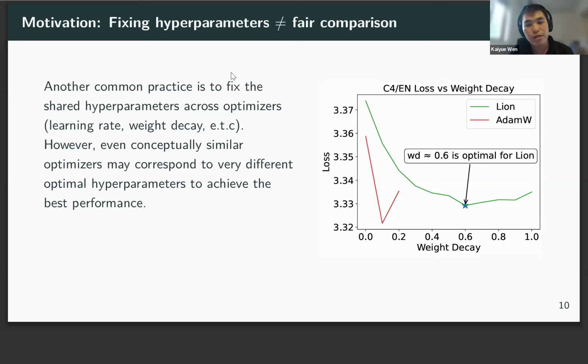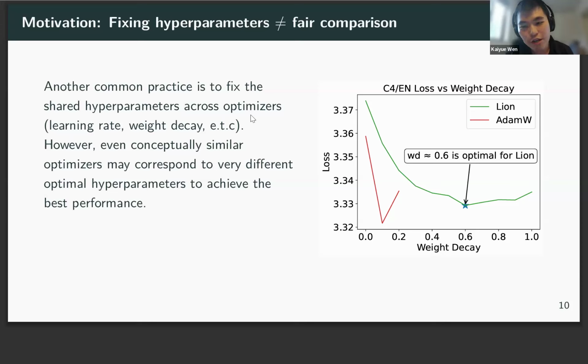If we sweep the learning rate and the weight decay properly, we can see that the difference between Lion and Adam can be significantly shrunk if we use a much higher weight decay for Lion compared to Adam. This is something people wouldn't notice in the old methodology, where we keep all the hyperparameters constant and only compare the algorithmic part.